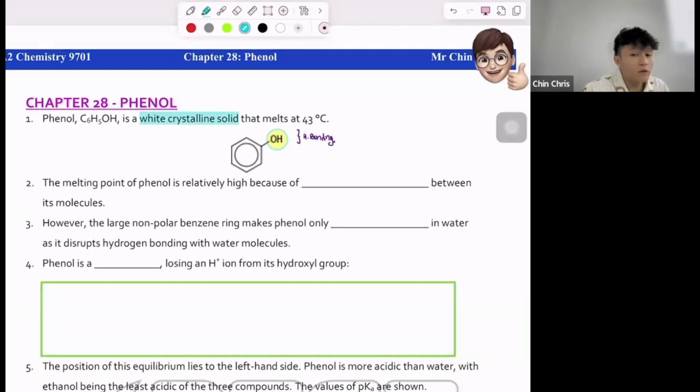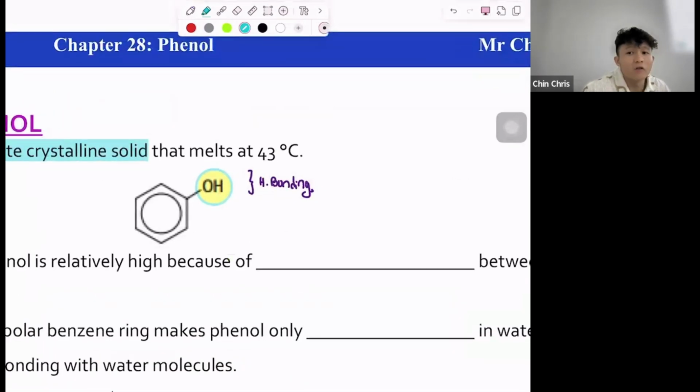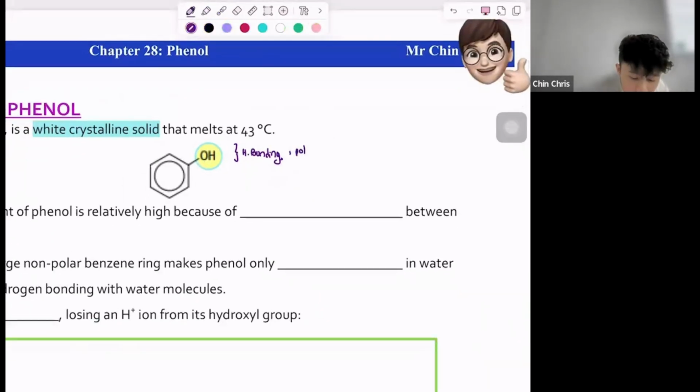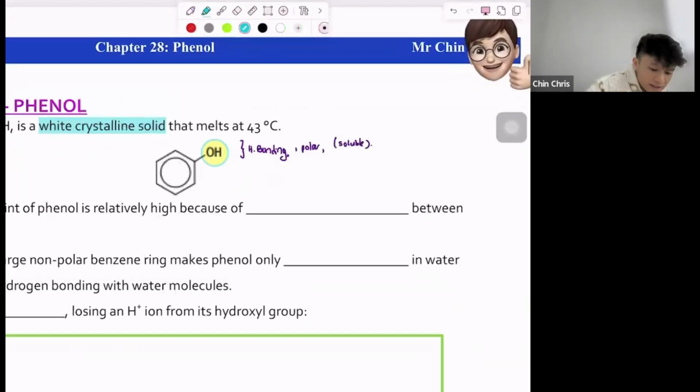Okay, and guys, let's look at the solubility of phenol. So phenol is not very soluble. It's only partially soluble. Why? If you look at OH, this is the polar group. Hydrogen bonding is polar, which means this part is soluble. All right guys, what about the ring itself then?